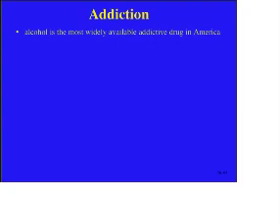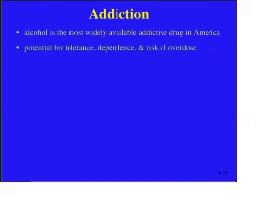We can also move into addiction as a result of overindulgence in this particular compound. It's the most widely available addictive drug in America, and its toxic effects are similar to those of barbiturates. There's a potential for tolerance and dependence, as well as a risk of overdose.